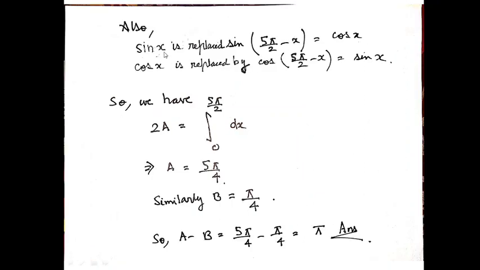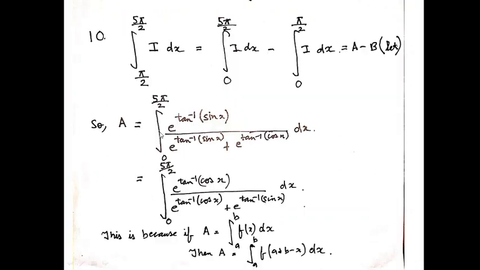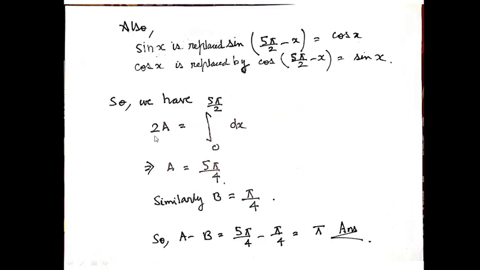Again, the same thing I told earlier: sin x is replaced by sin of 0 plus 5 pi by 2 minus x, that is cos x, and cos x is replaced by cos of 0 plus 5 pi by 2 minus x, that is sin x. Adding both these integrals, this is also a, this is also a, so we get 2a equals the integral of dx, the integrand being the constant 1.